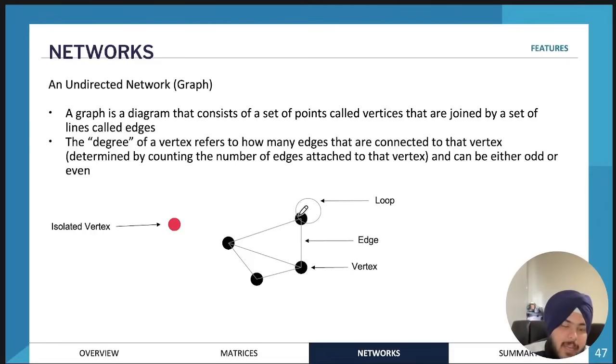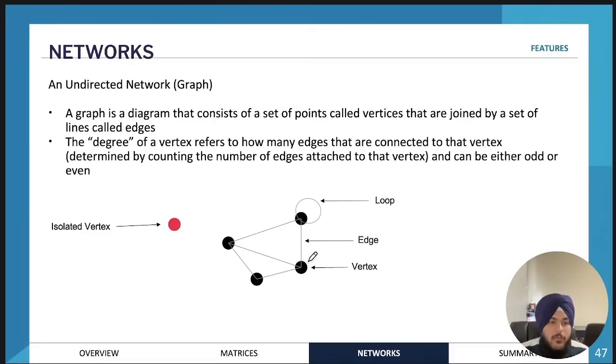If we have an edge that's connecting one vertex to itself, it's called a loop. And if we have a vertex that's not connected to any of the other vertices in the network by an edge, it's called an isolated vertex. The thing that we look at for vertices is their degree.